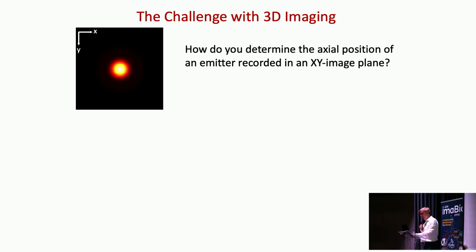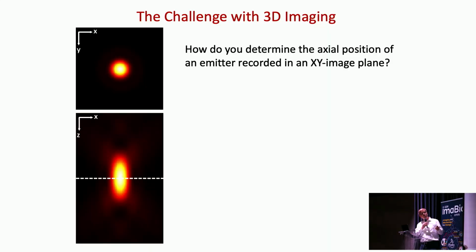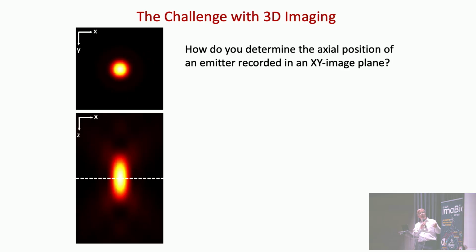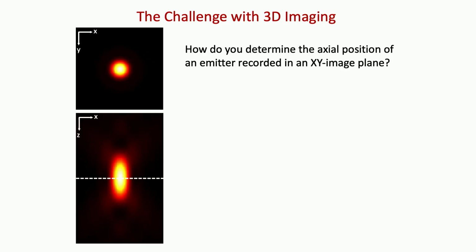And you actually face two challenges here in that context. For that, I want to show you a side view of the point spread function of the microscope. If you would be able to look at that molecule from the side, or if you would be able to take a 3D stack and then take a cross-section through that 3D stack, this is how the point spread function of that single molecule would look like.